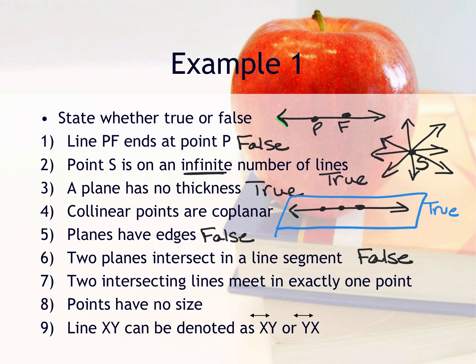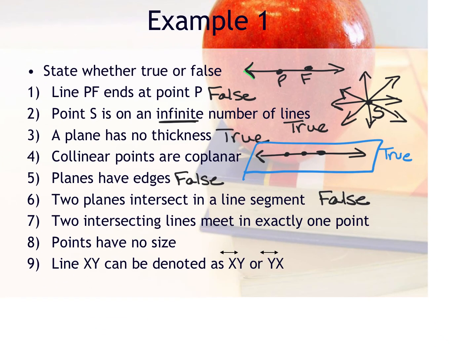Two intersecting lines meet in exactly one point. That is true. So we think about X marks the spot. So these would meet right here at exactly one point. Points have no size. And that is true. They have no dimension. And here, line XY, and the word denoted here means that you could write it either way.